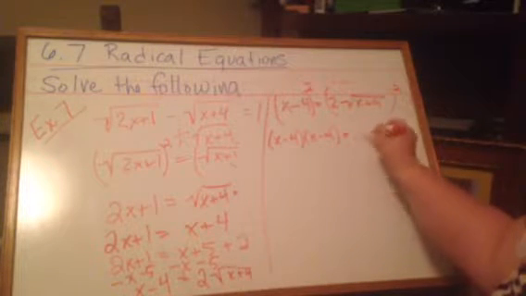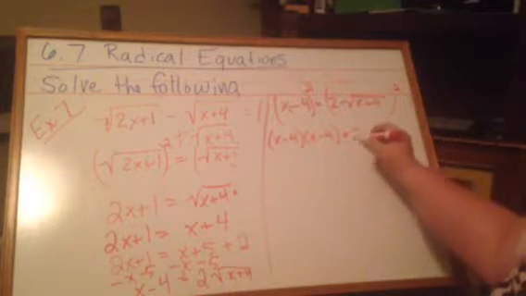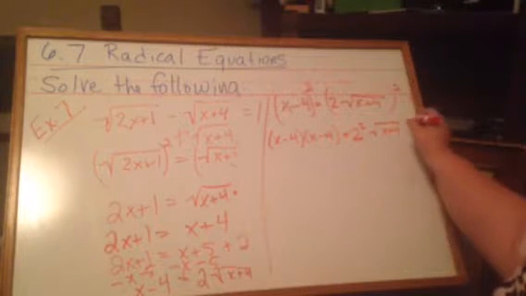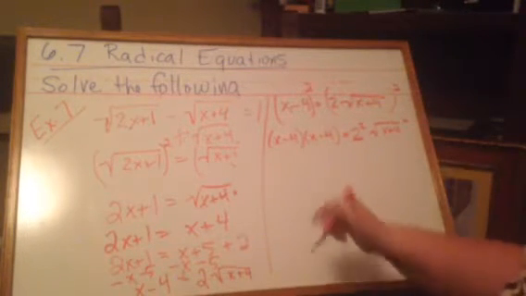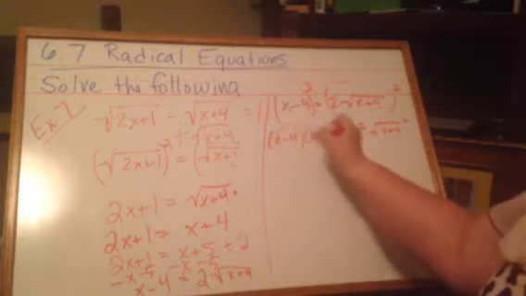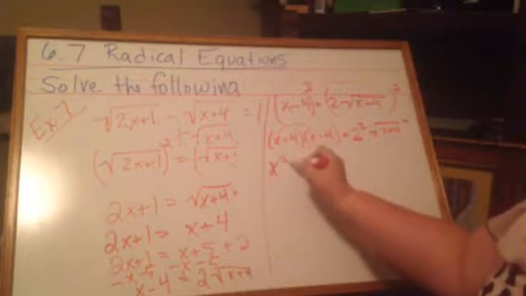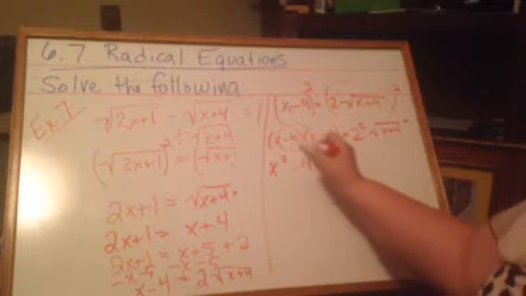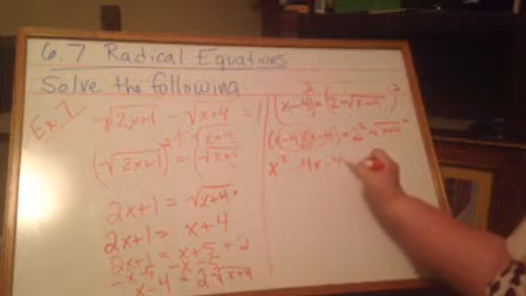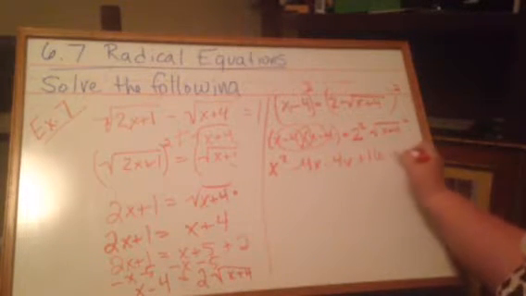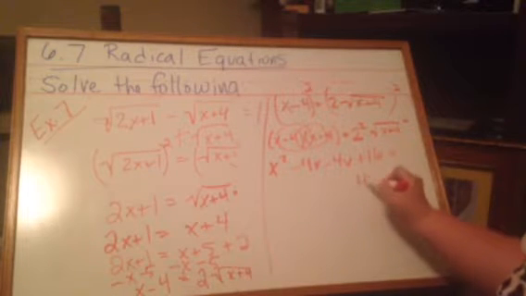So we get 2 squared and the square root of x plus 4 squared. So on the left-hand side, we need to FOIL this out. This is first, x squared, outside, negative 4x, inside, negative 4x, and last, positive 16 equals 4.